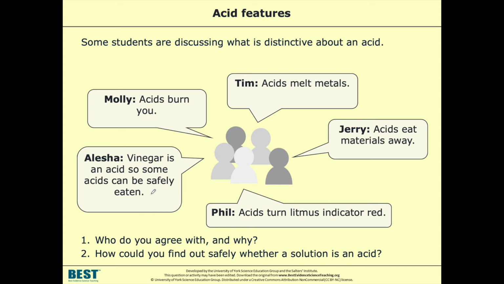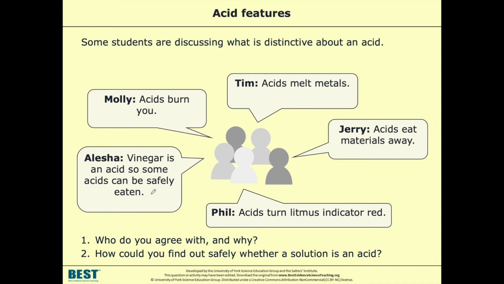So hopefully we have decided that Phil is correct because blue litmus would turn red, whereas red litmus would remain red. We do not say that acids melt metals, we say acids corrode metals.